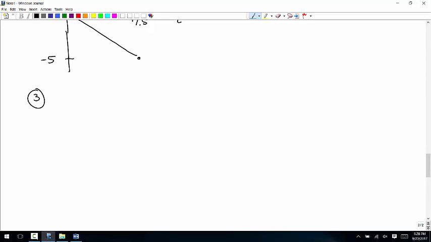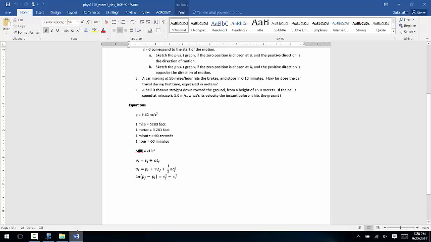Okay, number 3. So a car is going 50 miles an hour, hits the brakes, stops in 0.1 minutes. How far does it travel, expressed in meters?